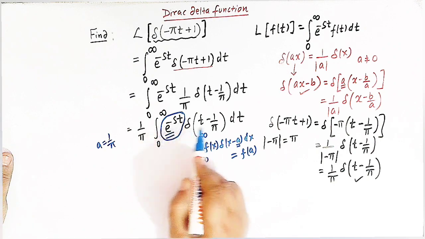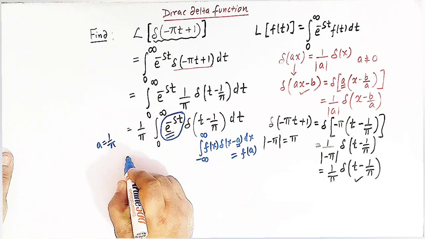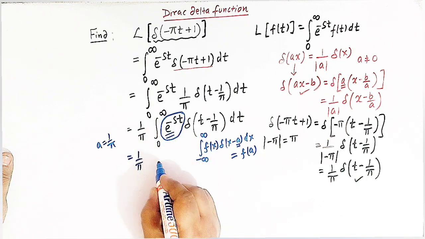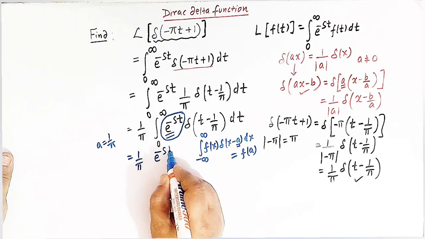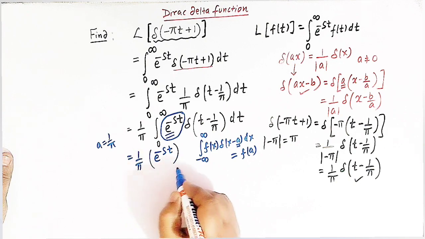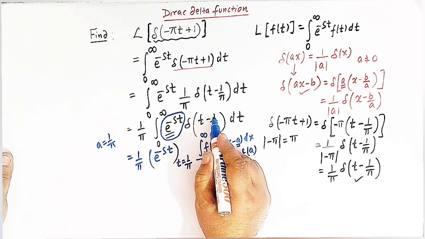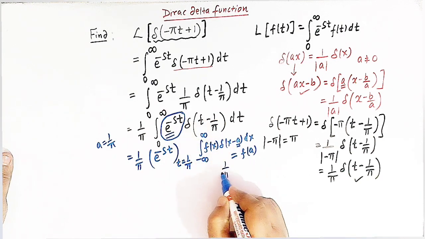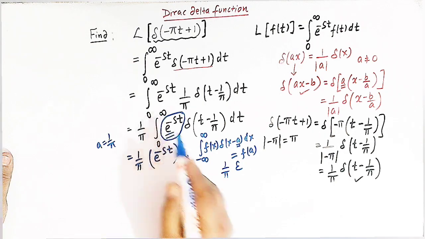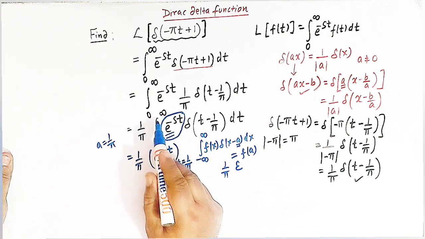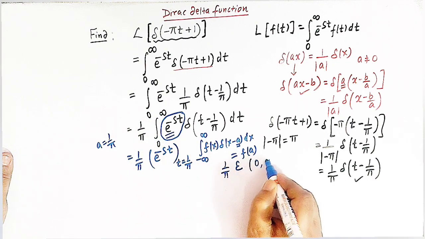So the value of this integral is equal to the value of this function, e raised to minus st at t equal to 1 over pi, because 1 over pi belongs to the interval of the limits, 0 to infinity.